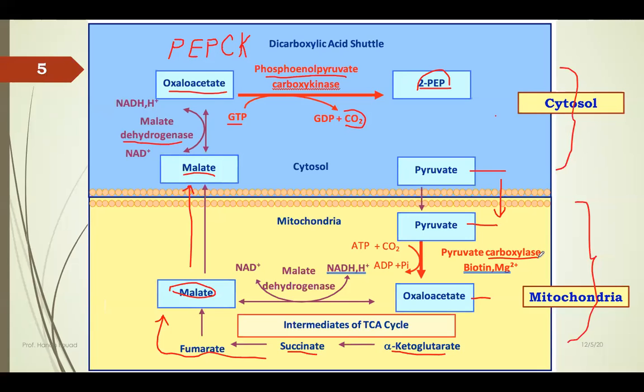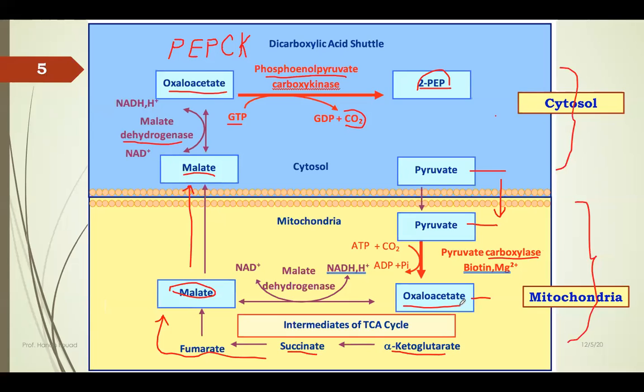Carboxylase binds carbon dioxide to any organic molecule. Carboxylase needs biotin, which is a member of the vitamin B complex, and needs magnesium. Binding carbon dioxide to pyruvic, we can synthesize oxaloacetic acid.